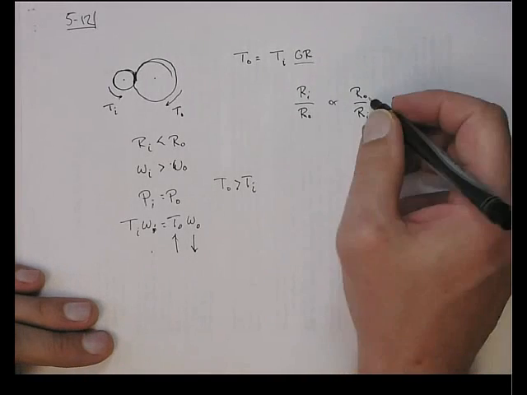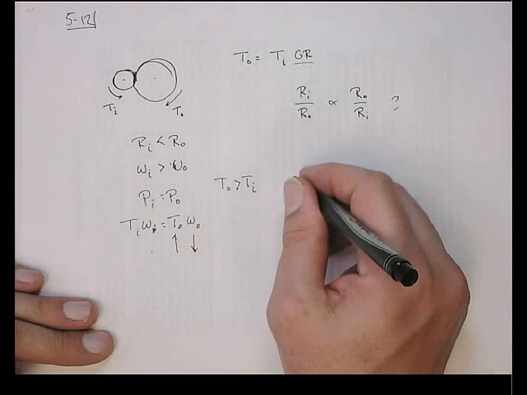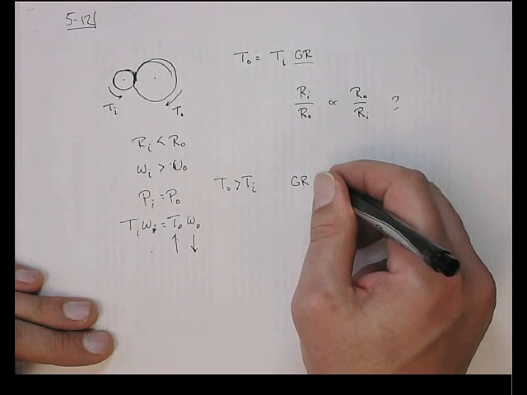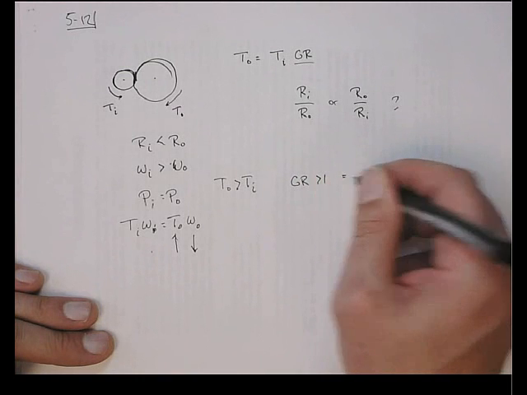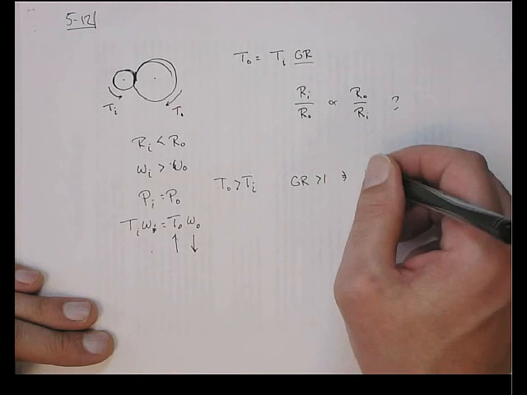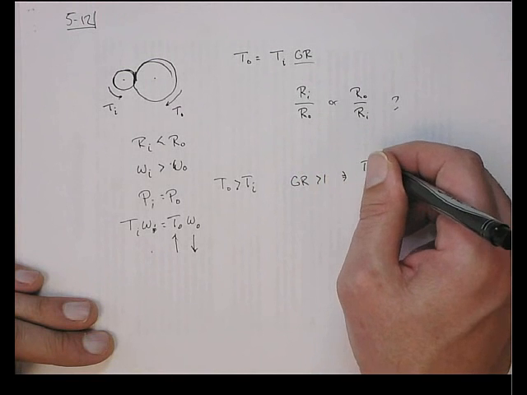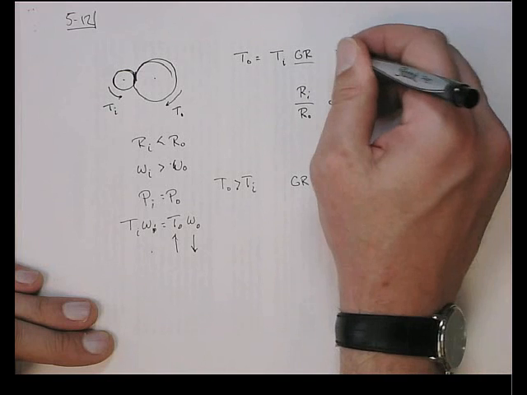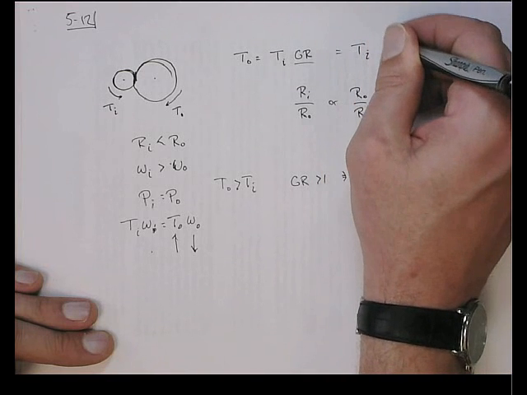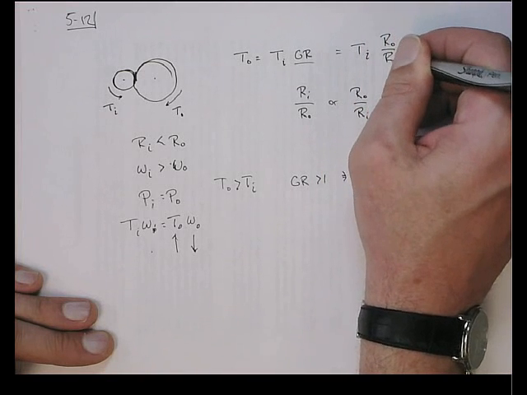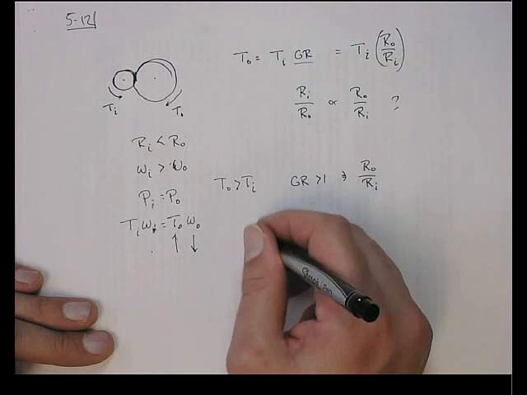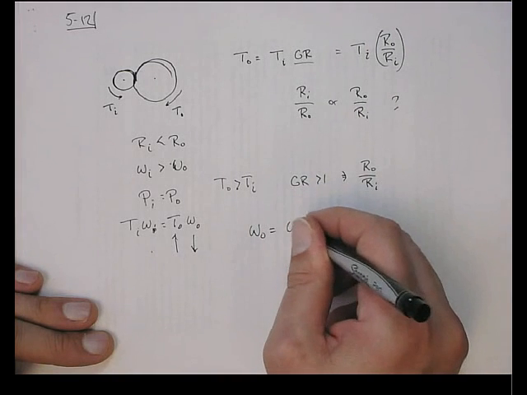All right, so the way I drew this here, the gear ratio has to be greater than 1. So it's going to be the outer radius over the inner radius. The angular speed relationship is the opposite.